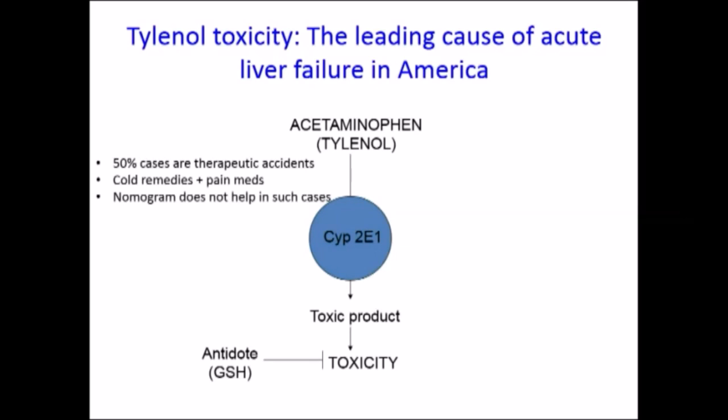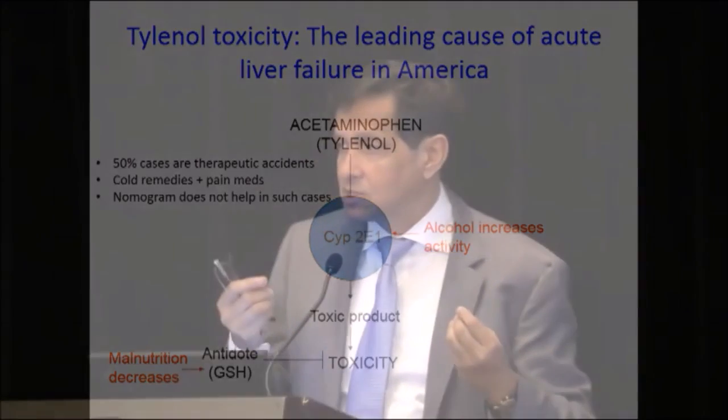If you are a chronic drinker, you've revved up your cytochrome P450 system because you induce it. So for the same amount of Tylenol, you generate much more toxic product and much more quickly. You can get injury from 1 to 2 grams of Tylenol if you're a chronic alcoholic. So be aware that even with a small dose, you can get Tylenol toxicity.